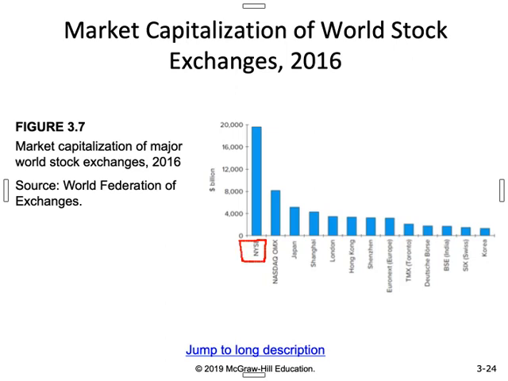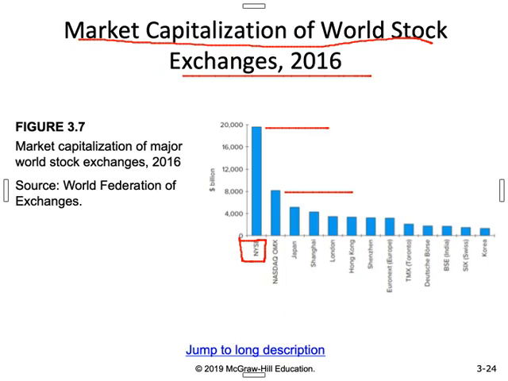I mentioned a few slides back that the New York Stock Exchange is the largest and most important exchange in the world. That's because when you look at the market capitalization of exchanges, they far exceed their competitors here. I want to remind you, market capitalization, or market cap, is the total number of shares a company has multiplied by the current price of those shares.